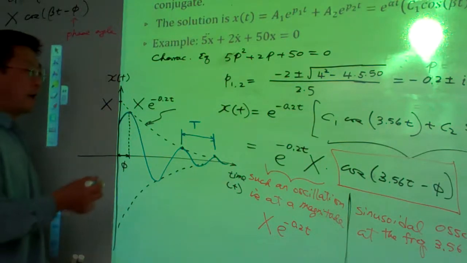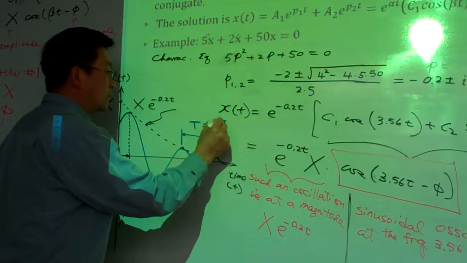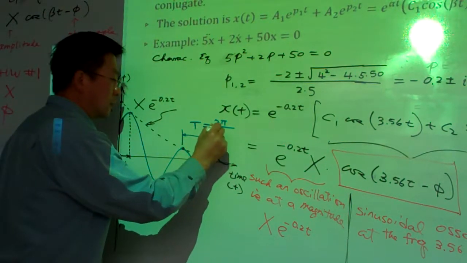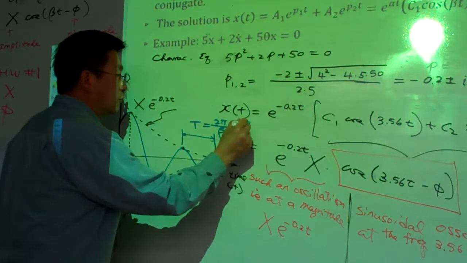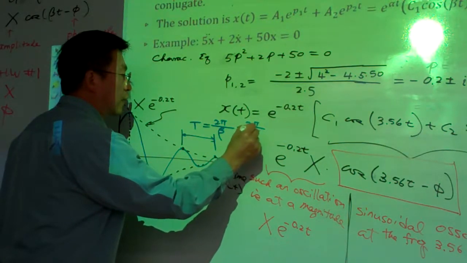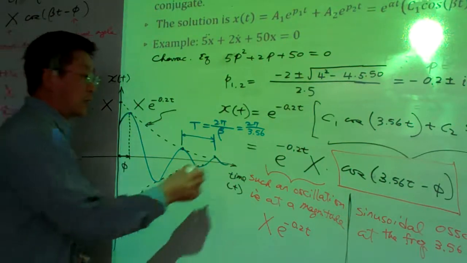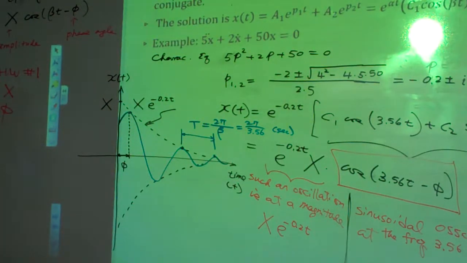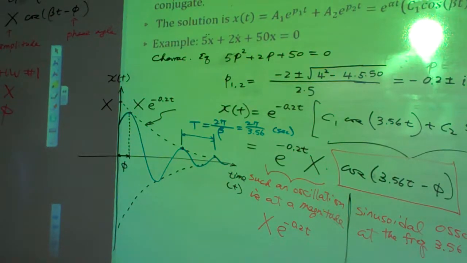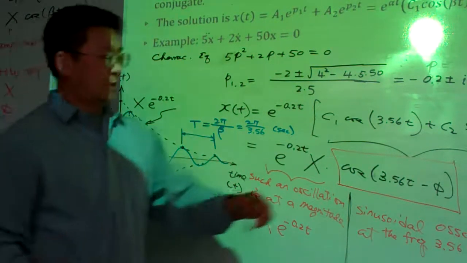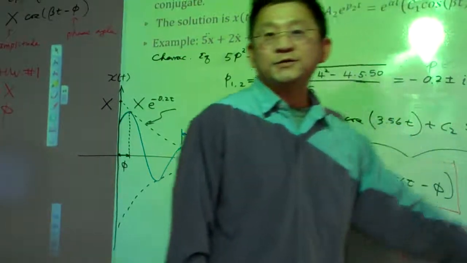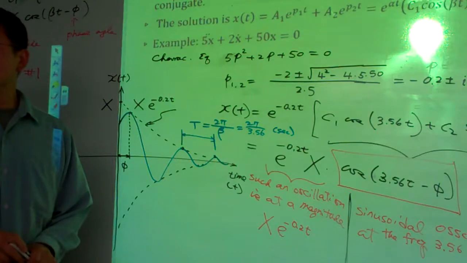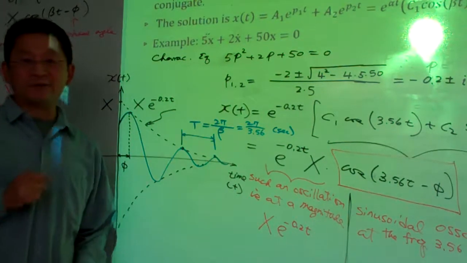The period of oscillation is equal to 2 pi divided by the frequency, which for this case will be 2 pi divided by 3.56, and that is in seconds. Okay? Is that clear about the physical meaning of these equations? Any questions? No? Okay, so we can have the second stop.